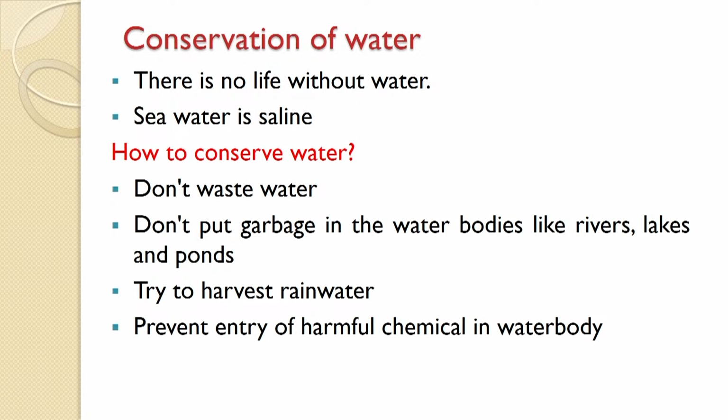As it is limited, we should not waste water, and we should not put garbage in water bodies. We should also harvest rainwater, because rainwater is an important source of water which we can consume. And the fourth one, we should prevent the entry of harmful chemicals into our water bodies.